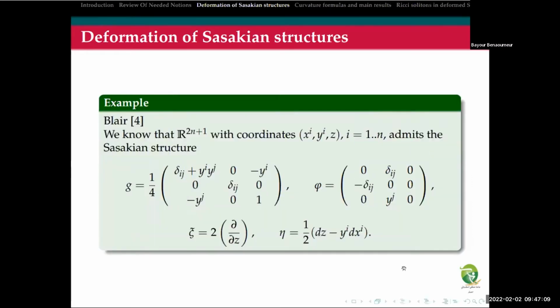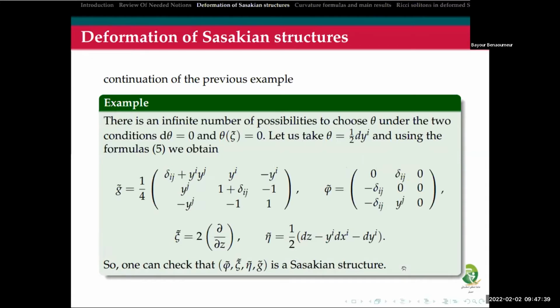Here is the example, the example of Blair. The manifold R of dimension 2n plus 1 with the structure g, phi bar, xi, and eta presented in the following relations is a Sasakian manifold.